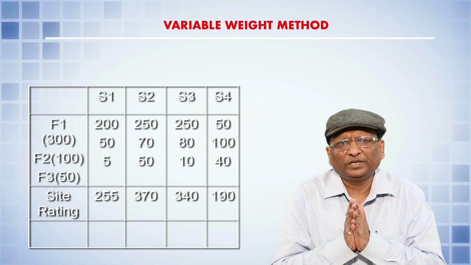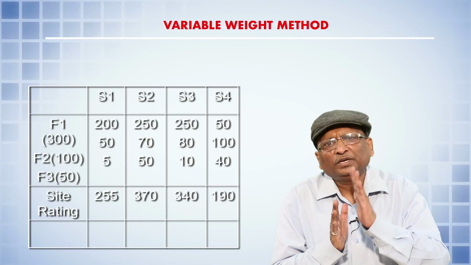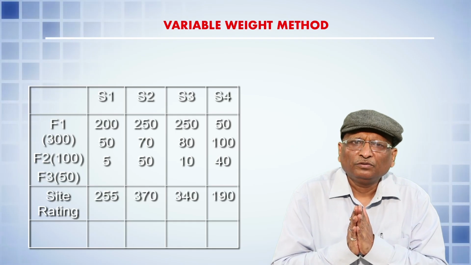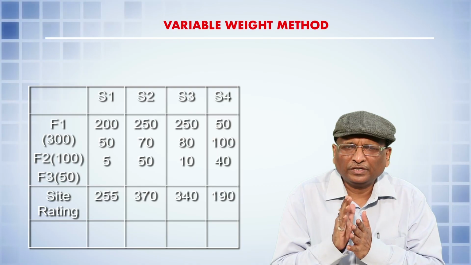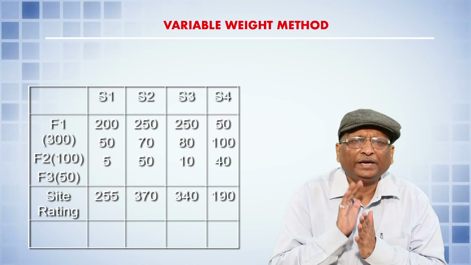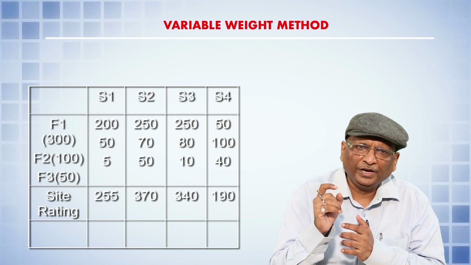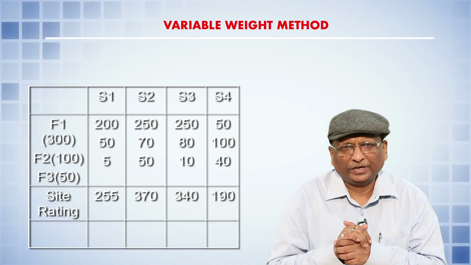Now, what we have done, we have given the weight for sites S1, S2, S3 and S4, and we have multiplied the weight of the site to the weight of the factor.